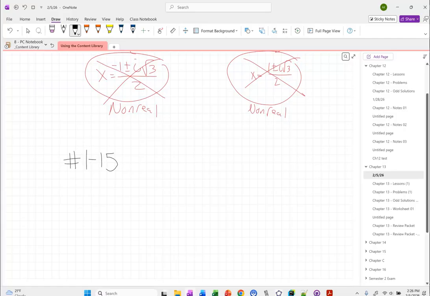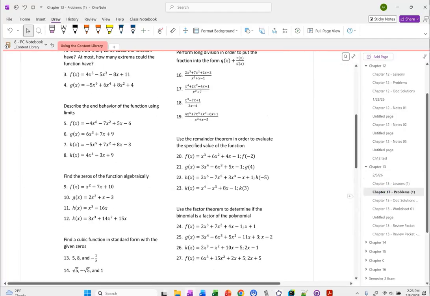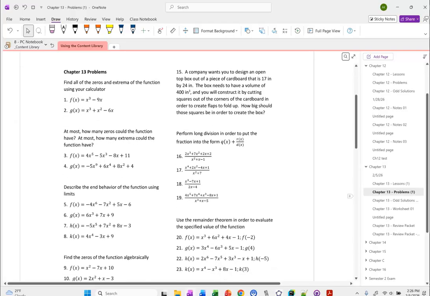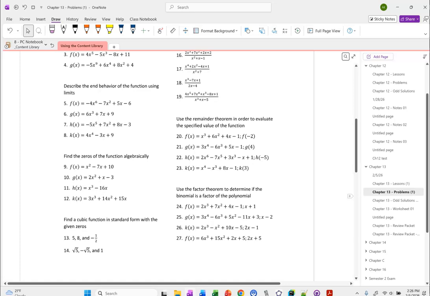At this point, I'm going to assign 1 through 15. Use the calculator to find zeros and extrema. At most, how many zeros and extrema could the function have? Don't have to do anything for that, barely just look at it. Describe the end behavior using limits.